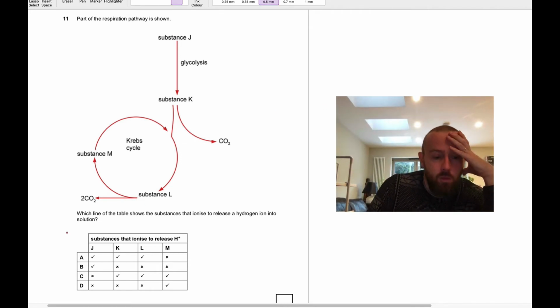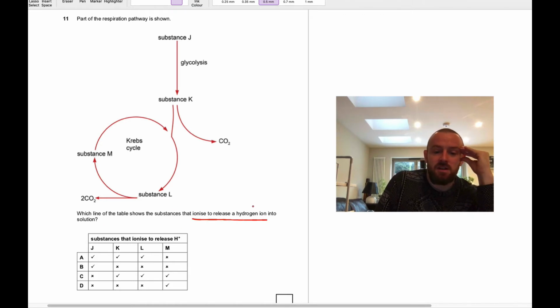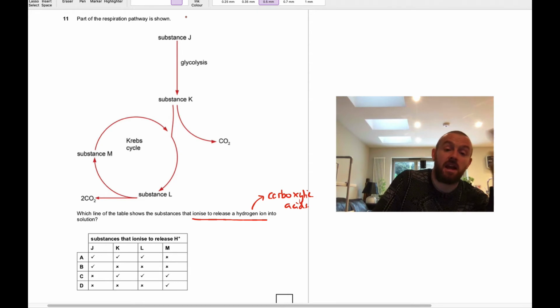Which line of the table shows the substances that ionize to release a hydrogen ion into solution? Things that ionize to release a hydrogen ion are mainly carboxylic acids. So which of these are carboxylic acids is kind of what it's saying. Substance J is glucose.